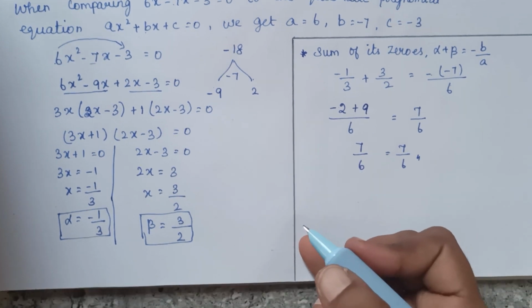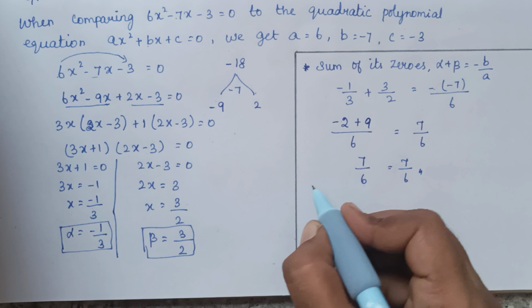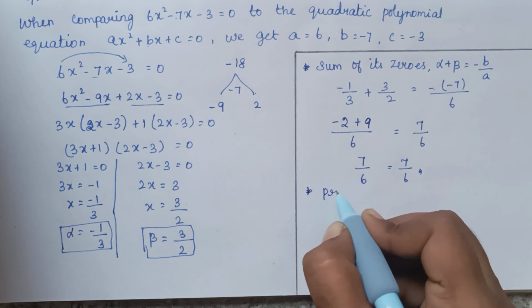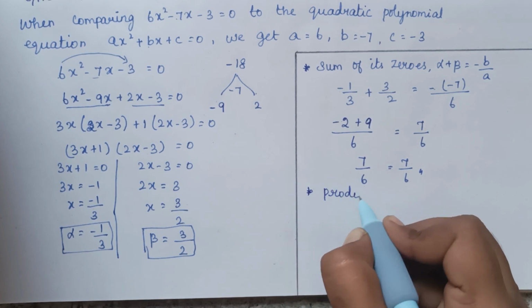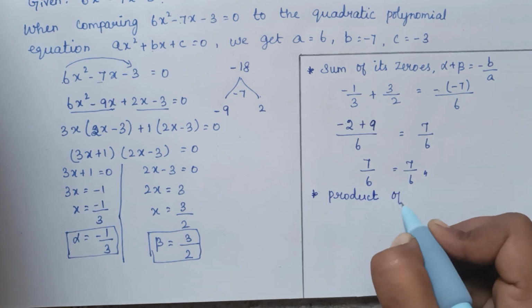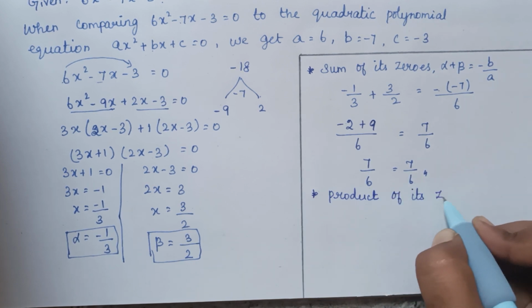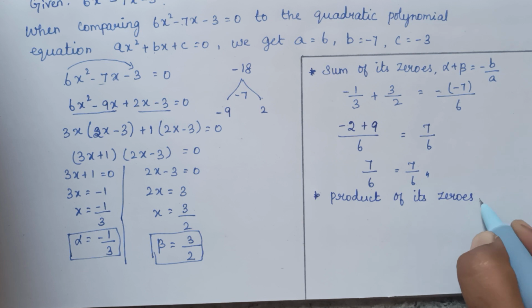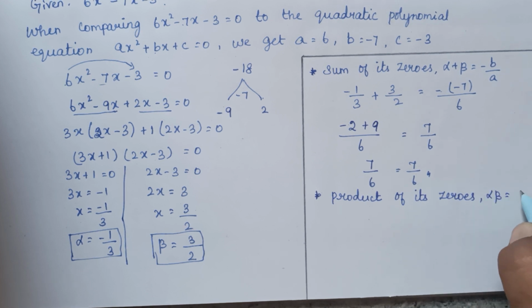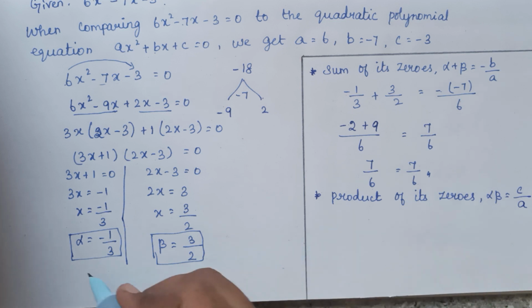Now find out the product of its zeros, that is alpha into beta is equal to c by a. So already we know the value of alpha and beta.